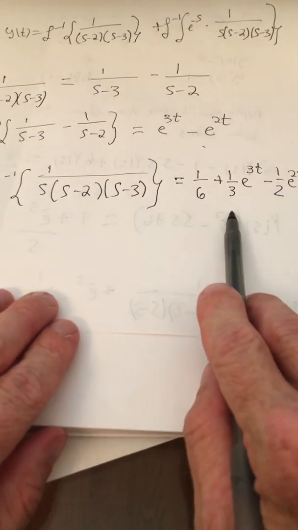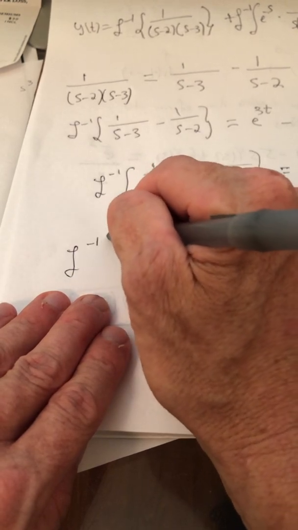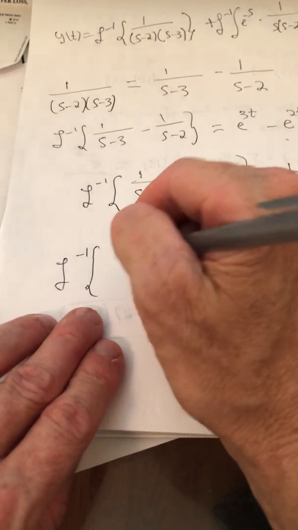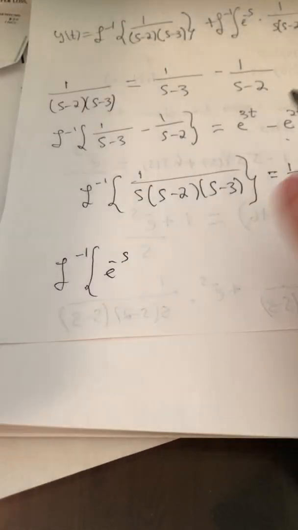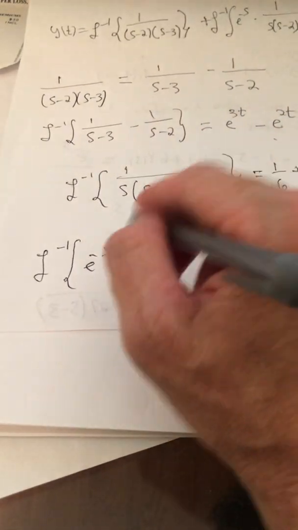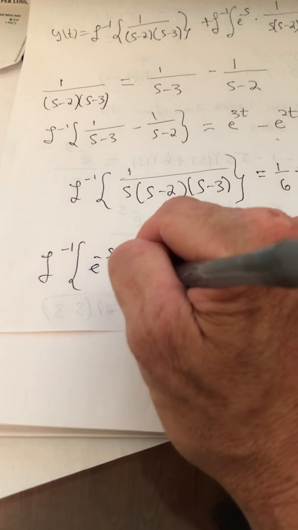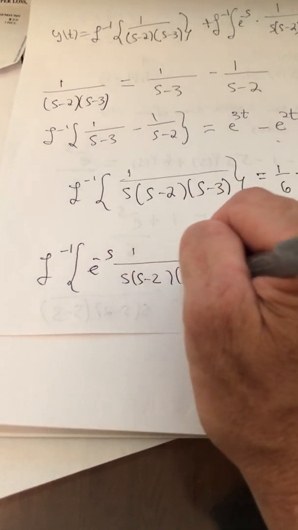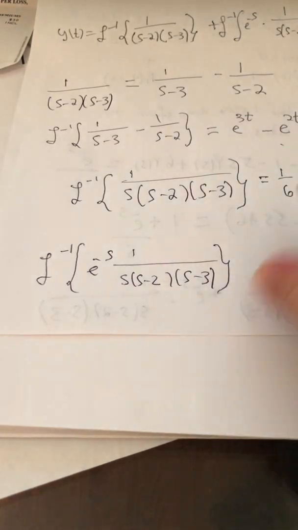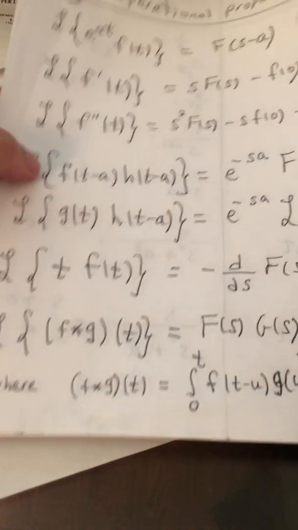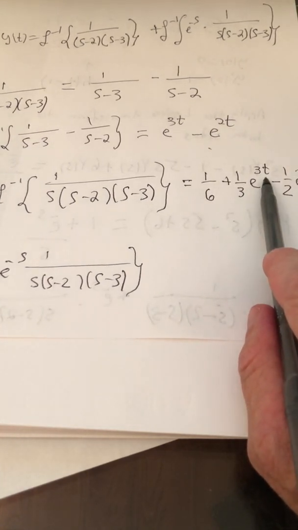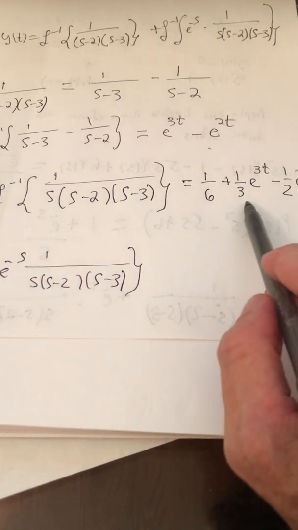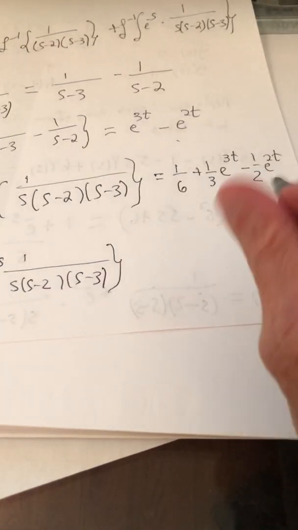but then making use of the property involving the step function. What happens is we're going to take this result, replace t with t minus 1, and then multiply all of this by the unit step function.